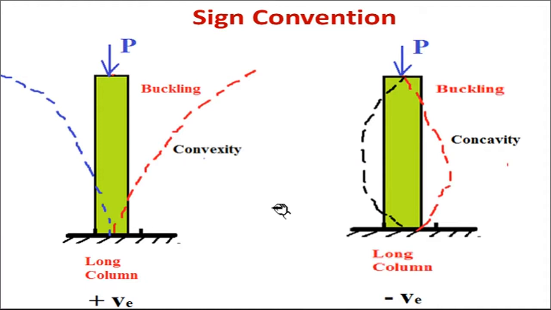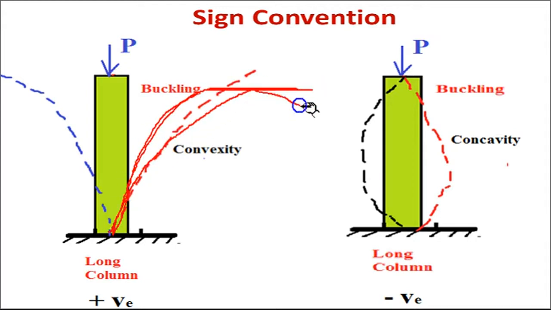Now, sign conventions. As such, there is no need for these sign conventions, but even though, you should know the buckling phenomenon. If this is a long column, this column will fail like this, buckling like this, and this curve is obtained as a convex curve. Whenever the curve is convex, this is taken as positive.